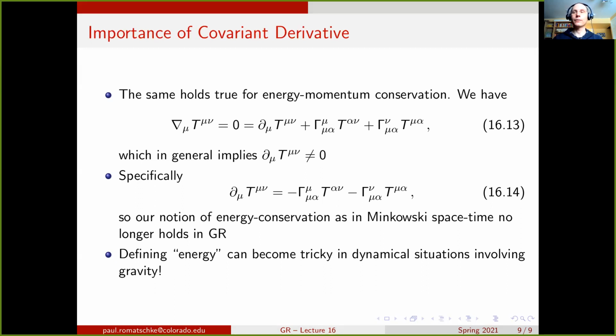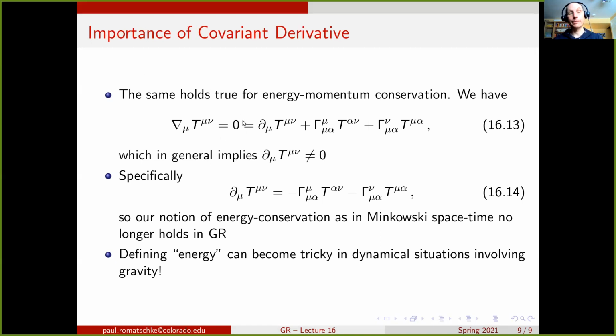We can define it when the change is not too rapid. So we can say, okay, it's almost static, and we can make a notion of energy that obeys some sort of consistency checks. But when it's highly dynamical, energy conservation basically disappears, and we will have to think very hard what we mean by this.